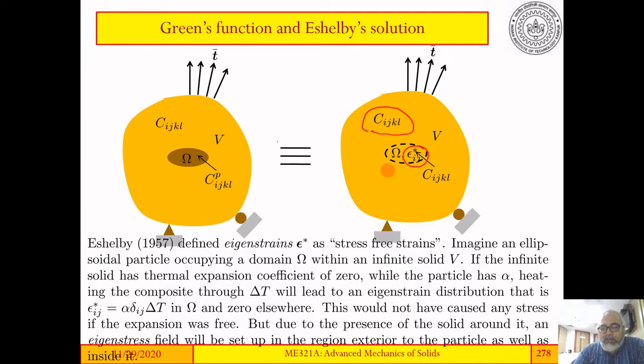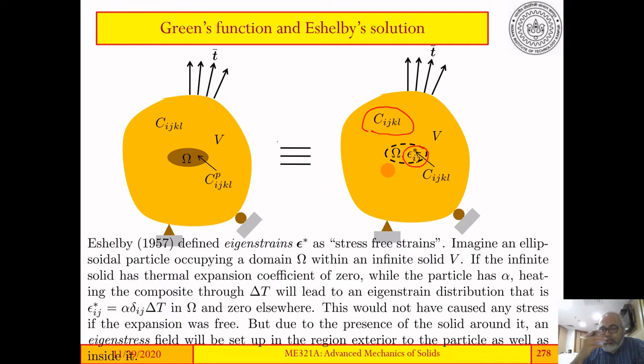So having a particle inside a matrix and subjecting the matrix to some external loads is the same as taking a particle-free matrix and then replacing the particle by a constant eigenstrain.